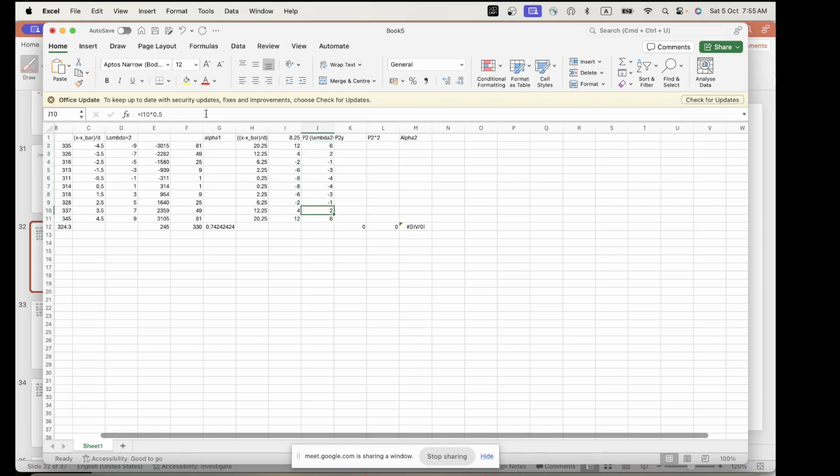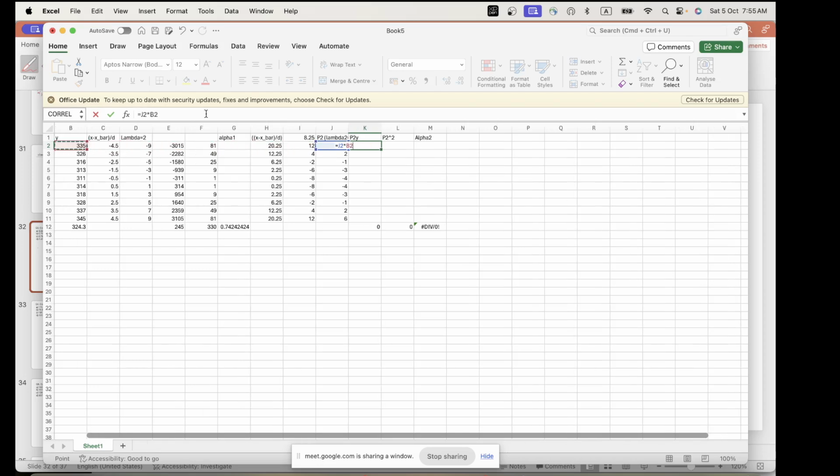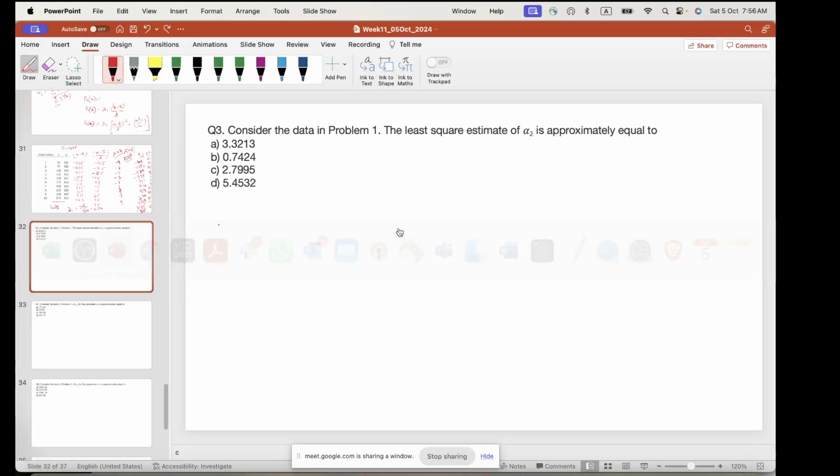Alright, so then this is 0.5 into this thing. Now we'll multiply this with y. So this is p2y, and then p2 square will be this into this. So then alpha 2 is p2y by p2 square, which is 2.79, and that is this.